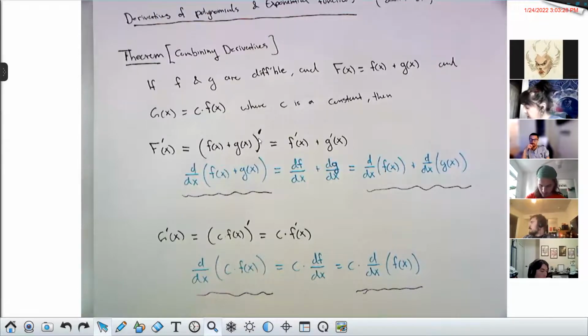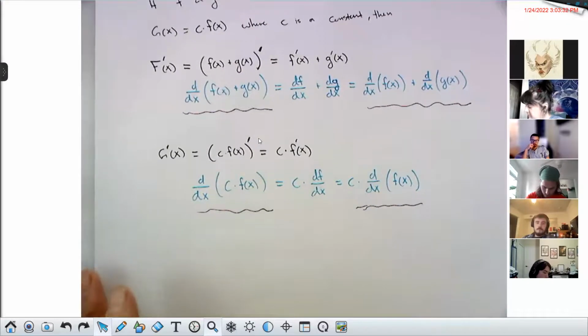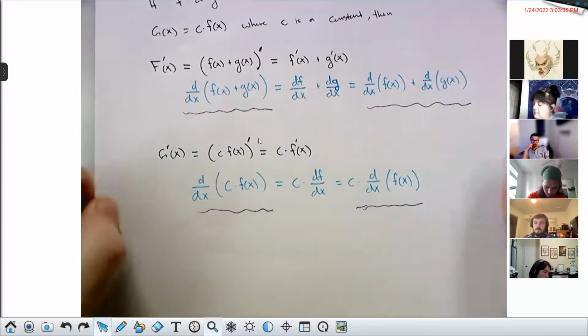Before we get into the power rule, I want to introduce some terminology.